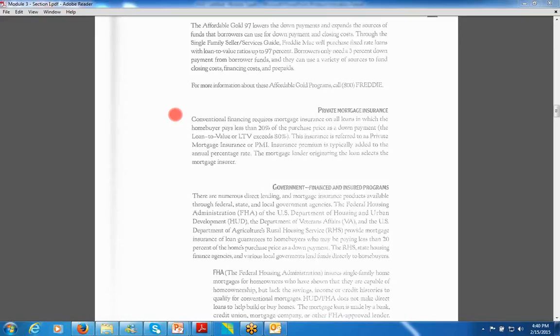In the case of FHA, it's been 0.5% per year, divided by 12, added to your payment. So when you don't put the 20% down, you get to pay a little bit extra, but it still allows you, with a limited cash position, to enjoy the benefits of leverage and home ownership as we talked about them previously.